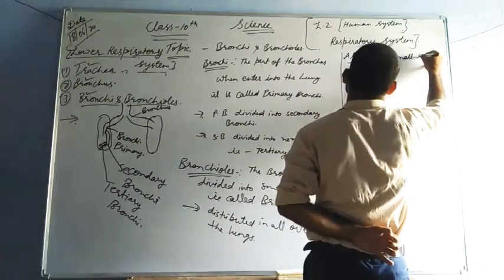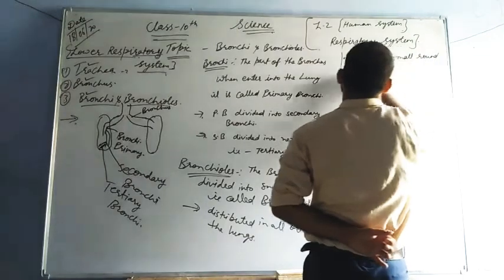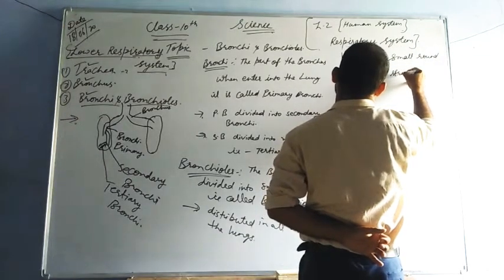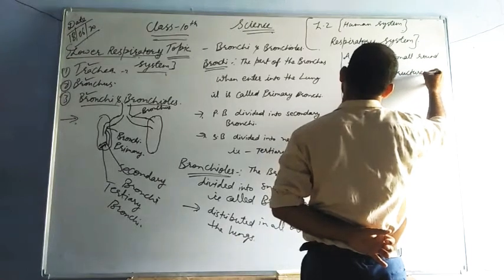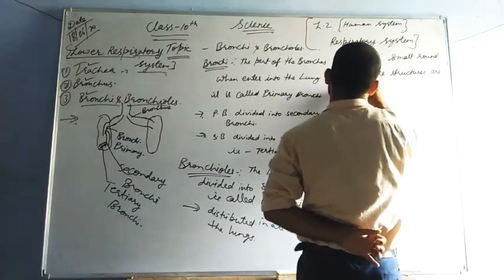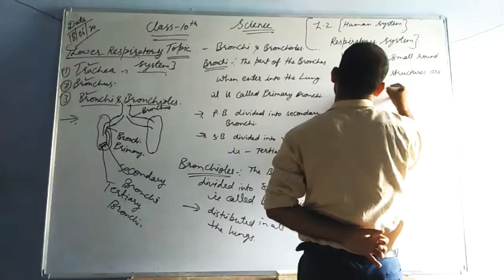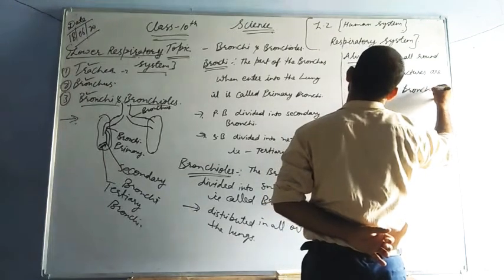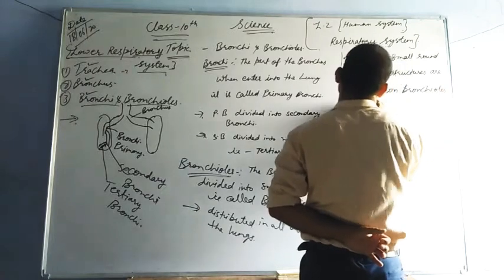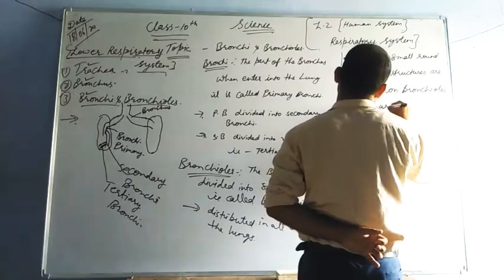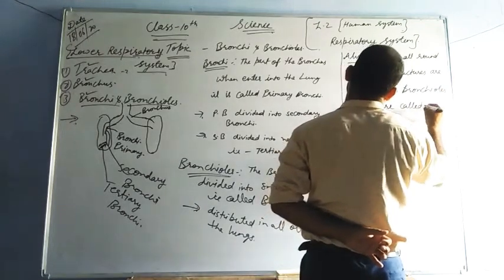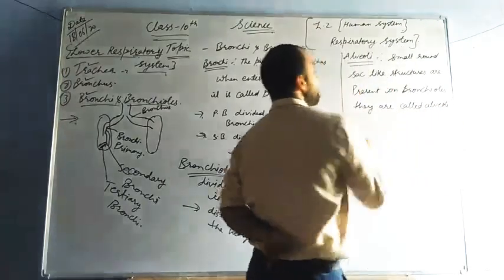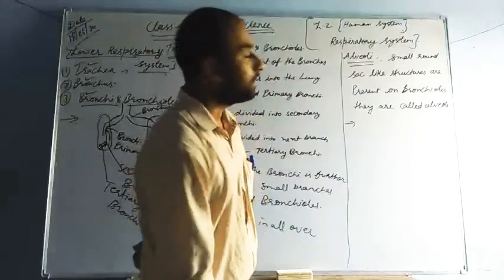Small, round, sac-like structures are present on the bronchioles. They are called alveoli. What is the importance of alveoli actually?